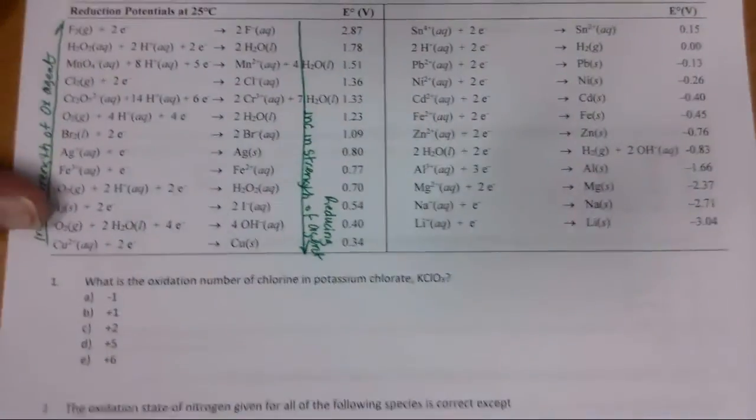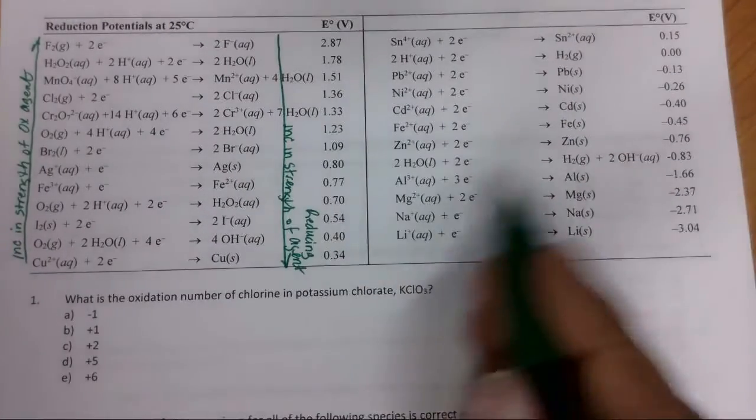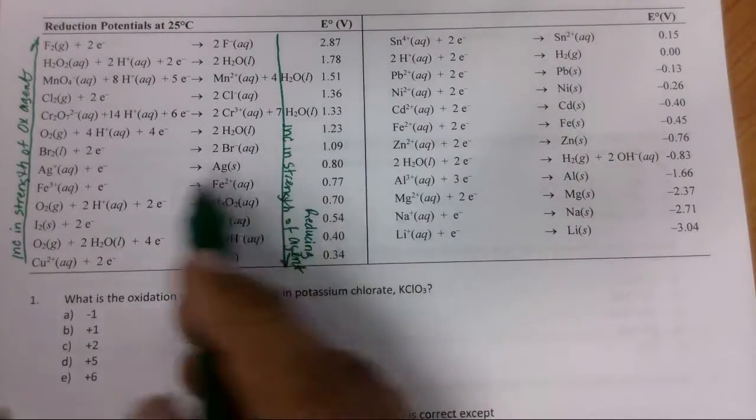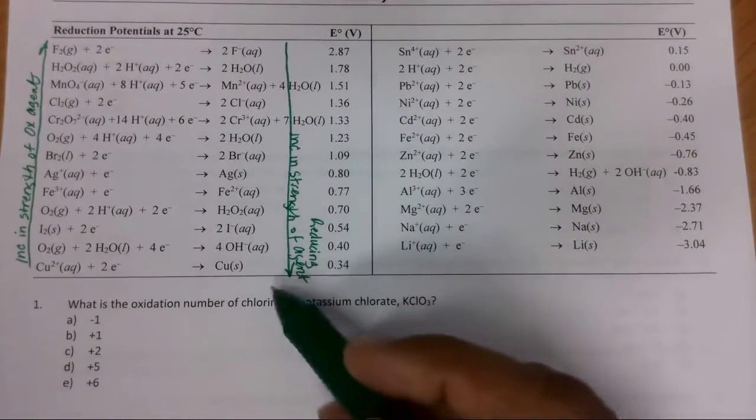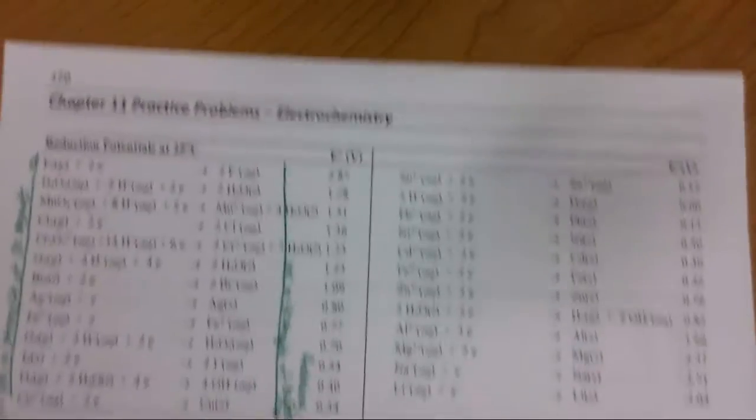This is an increase in the strength of the reducing agent, and the same thing goes over here. We just didn't want to put the whole table coming down. So that's just some things that we need to think about.